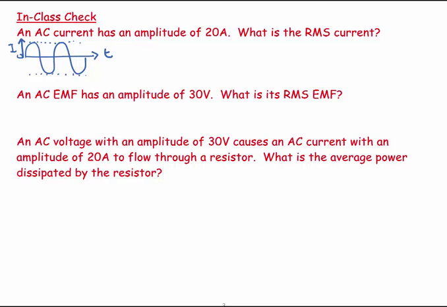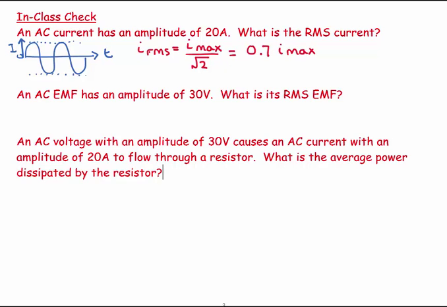And the expression we need to remember is that I RMS is equal to I max over root 2, and that works out to be about 0.7 times I max.